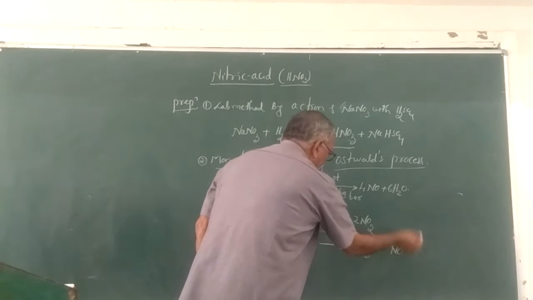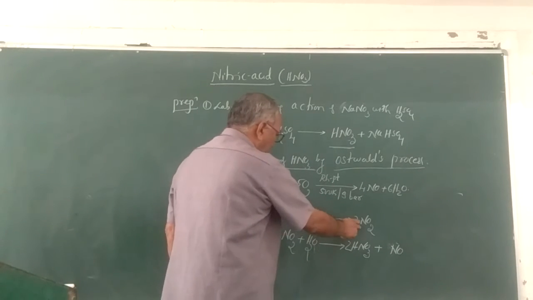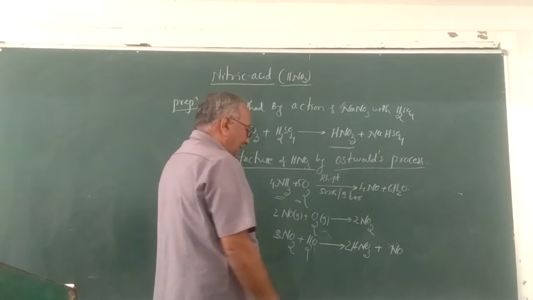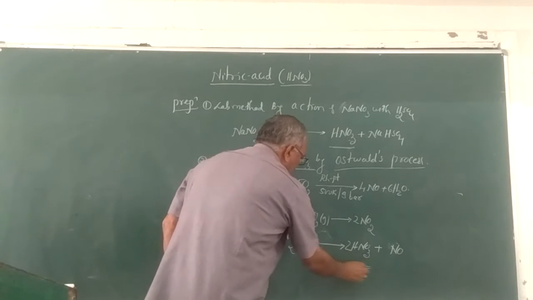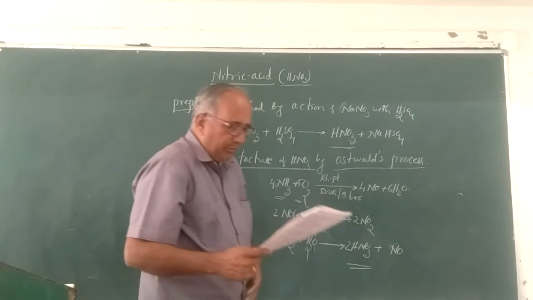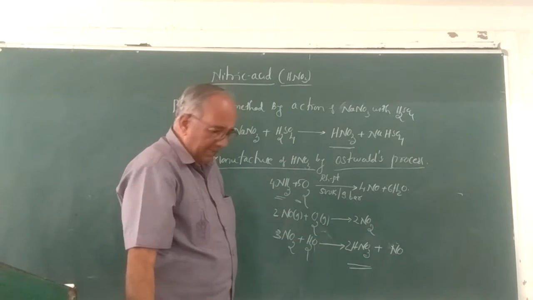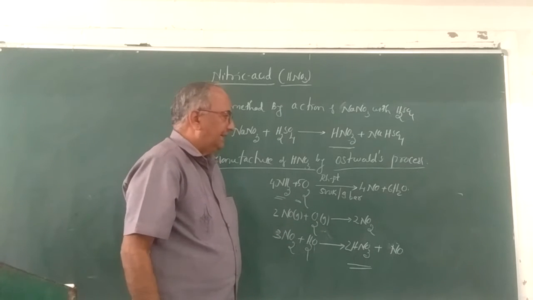This nitric oxide is recycled, mixed with oxygen to form the reddish brown gas nitrogen dioxide, then absorbed by water to form nitric acid. So this is the way for the manufacture of nitric acid.